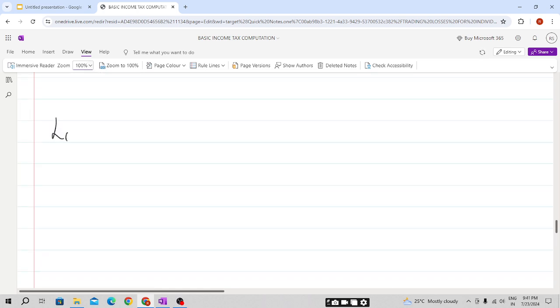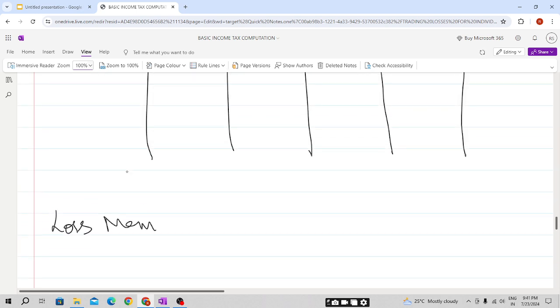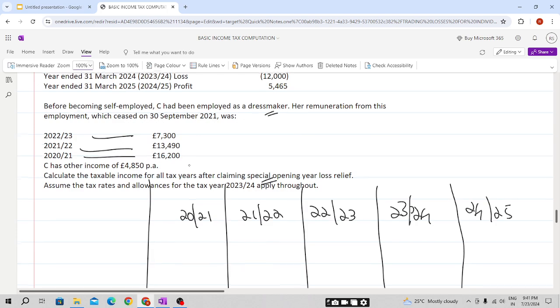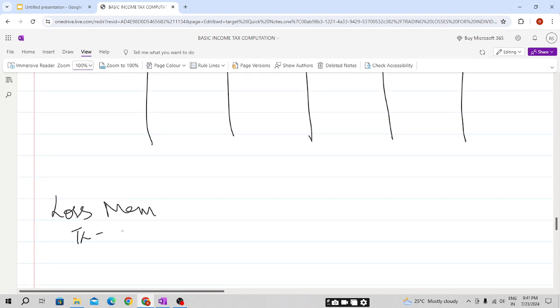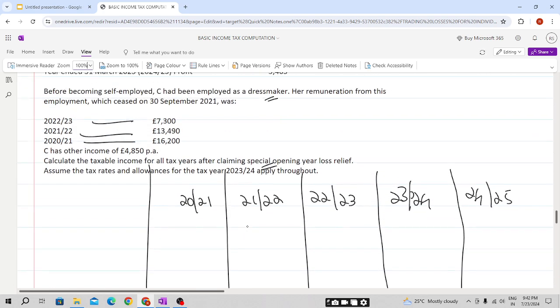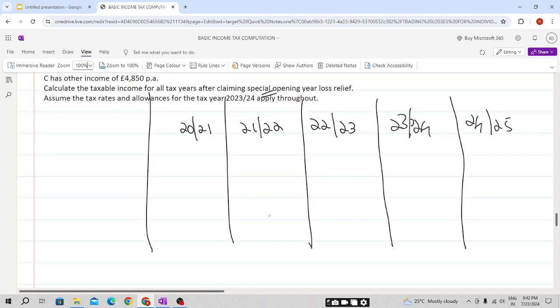Loss memorandum: trading loss of 2023-24. The loss is 12,000.